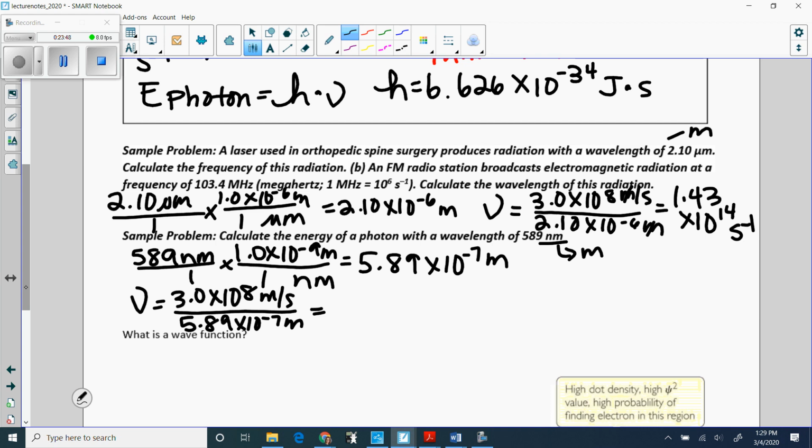Once we have the frequency, we can multiply it by Planck's, which is the 6.626 times 10 to the negative 34. Get that. Push your buttons, because it's not about pushing buttons, it's about being active in your learning.